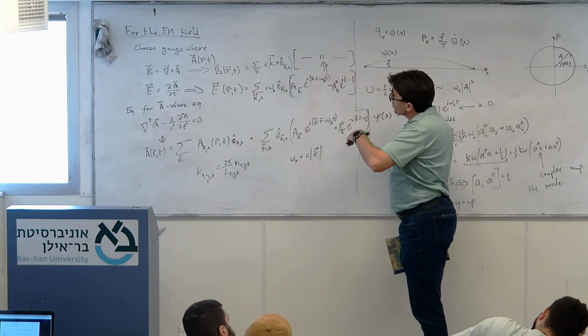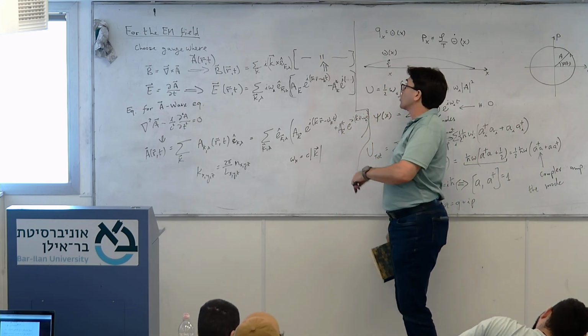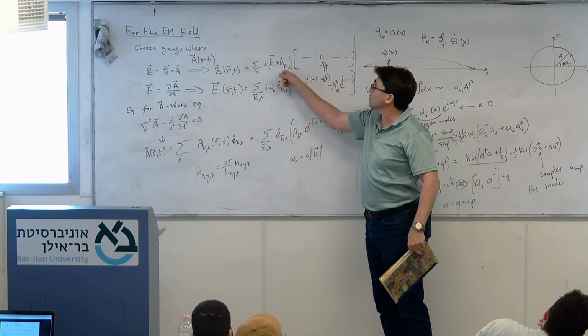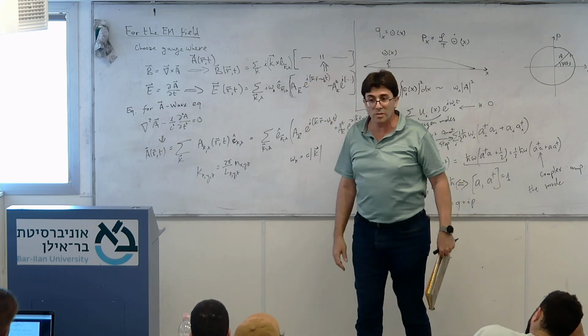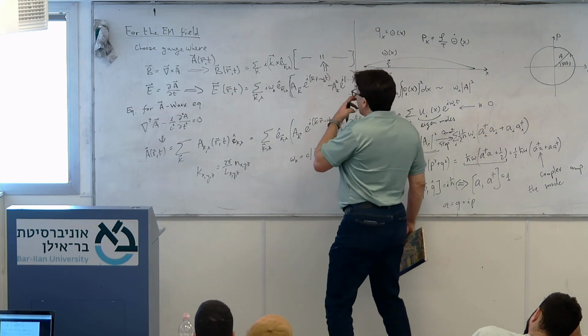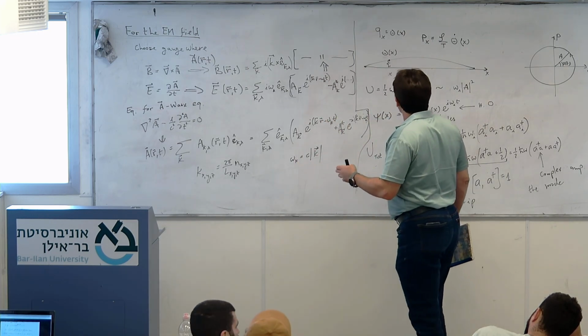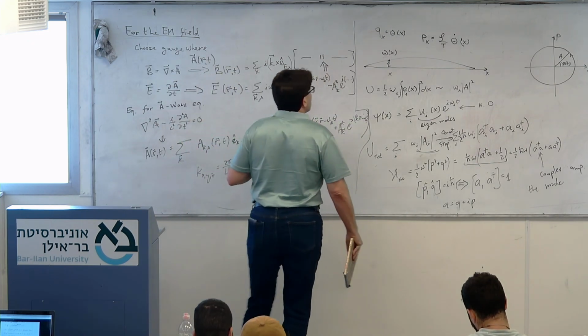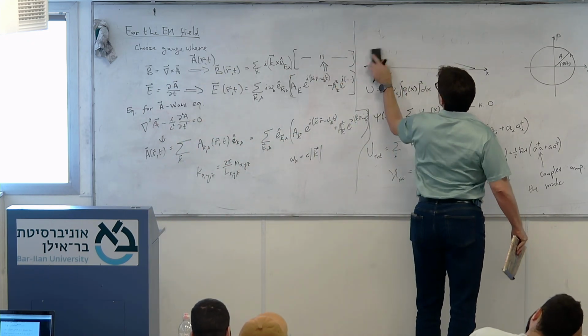And in terms of direction, they are orthogonal to one another, because this one is in the direction of the polarization, and this one is orthogonal to the direction of the polarization.